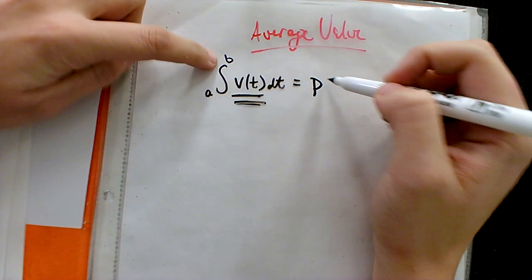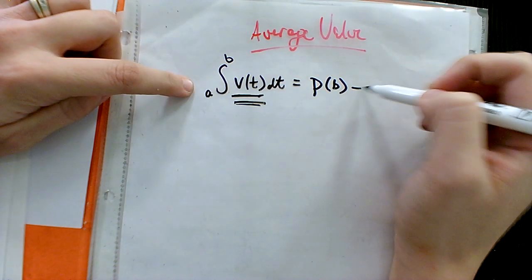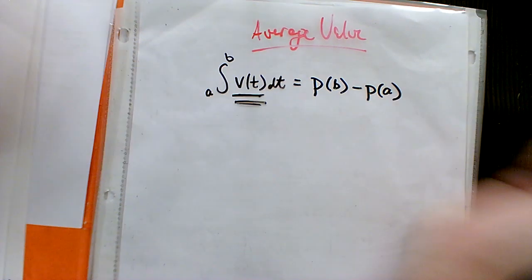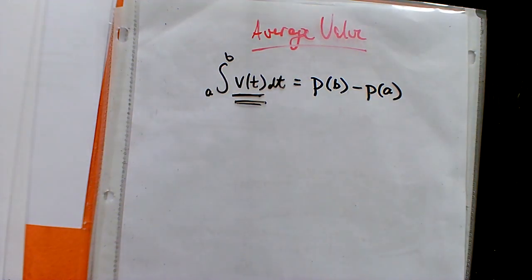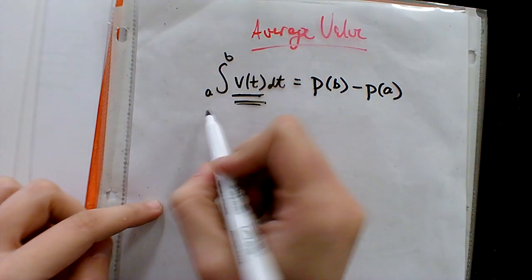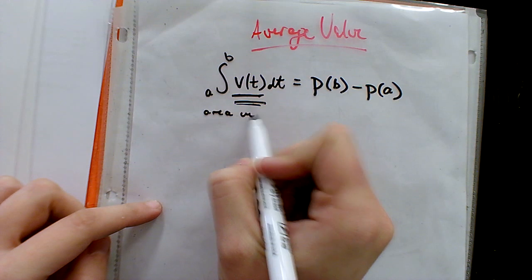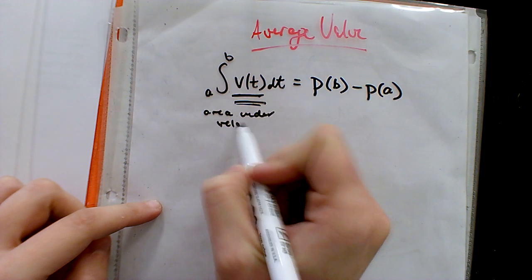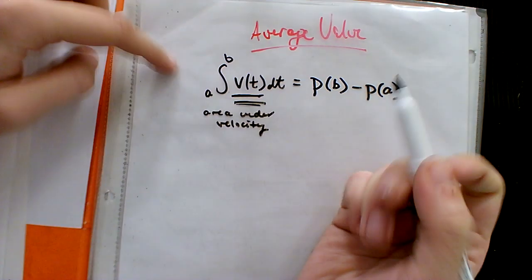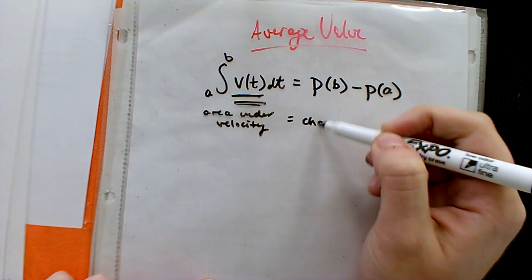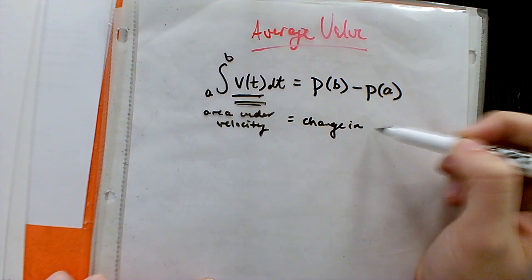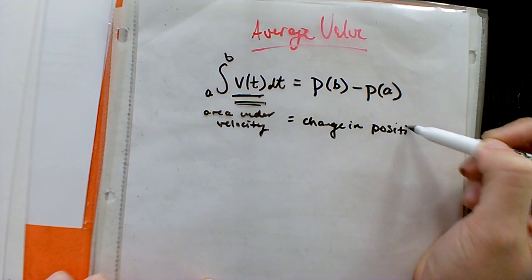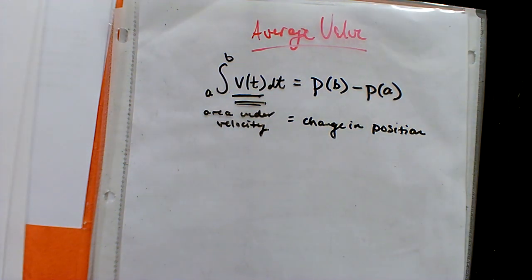Position, okay, and I'm going to do position at time B and subtract our position at time A. Okay, this is our first fundamental theorem of calculus. Basically, it's saying that the area under velocity on this interval is equal to the change in position, aka displacement. We've used that word before.